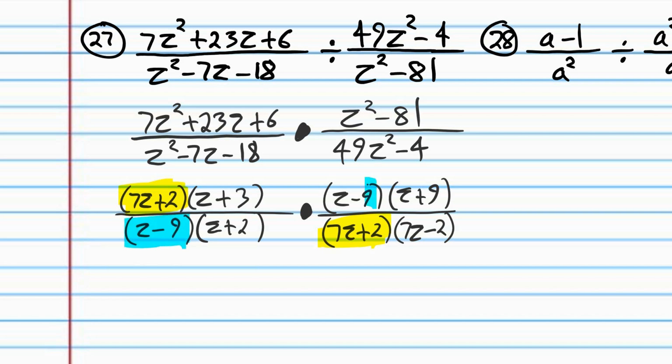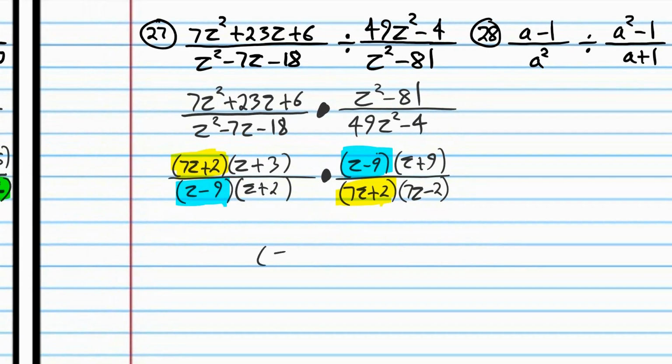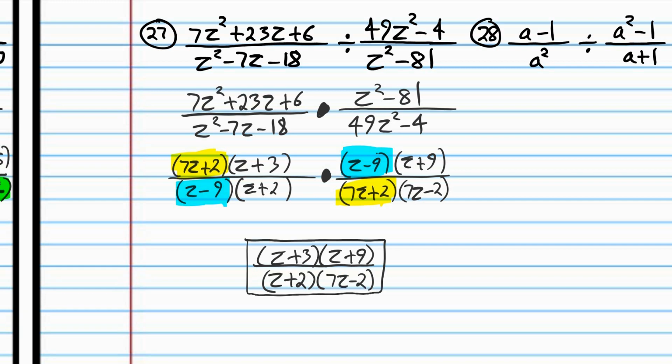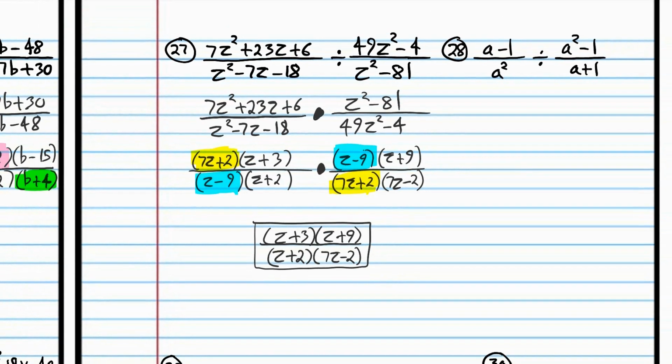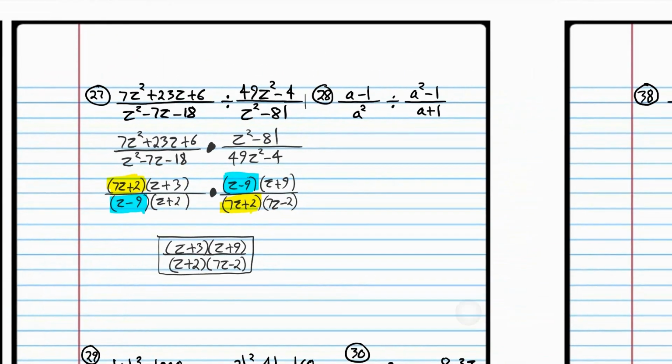Z minus 9. And it looks like that's it. Multiply straight across. And there you go. So if you got that answer, good job.